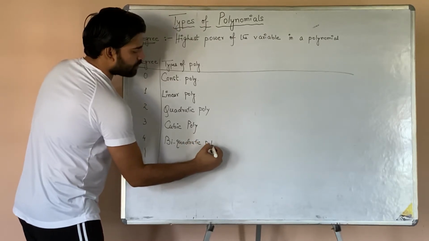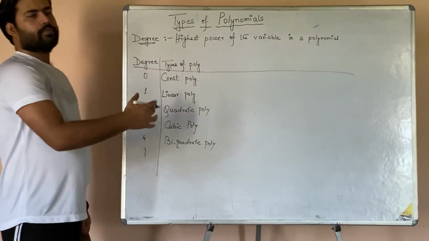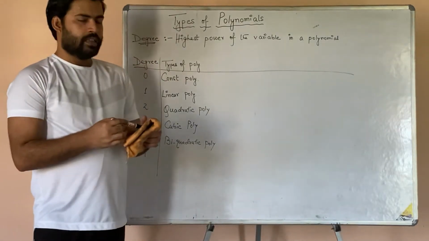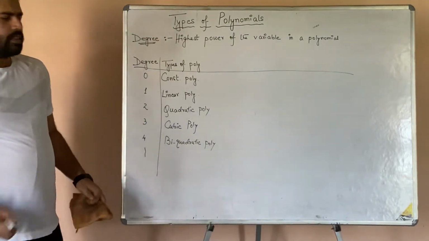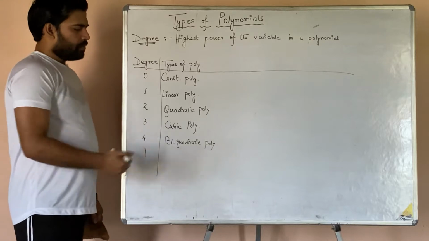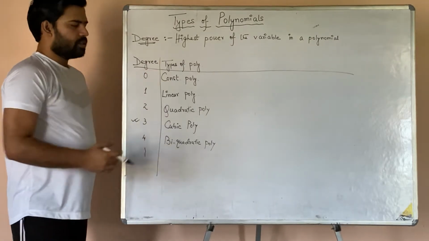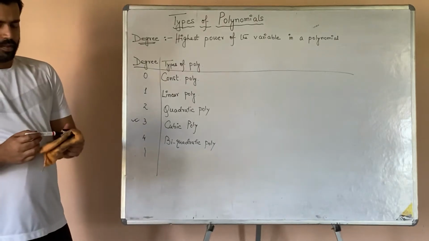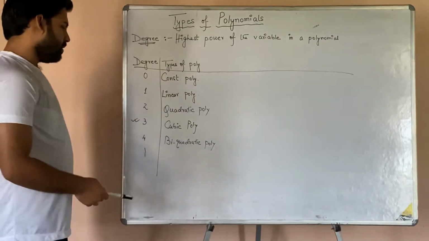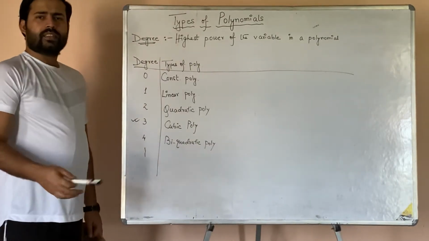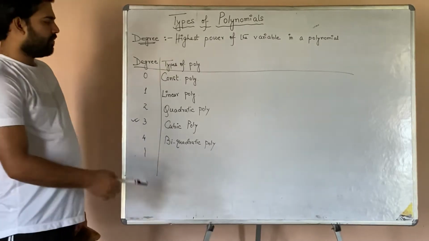The types of polynomials can be categorized into so many things depending upon the degree. Basically we just need to look at these polynomials up to degree 3 only, which is there in our syllabus. Degree 4 is also not there, but since these are certain extra things, I have written it over here.